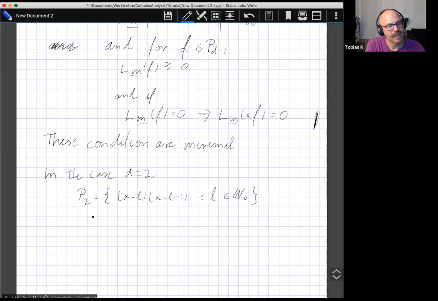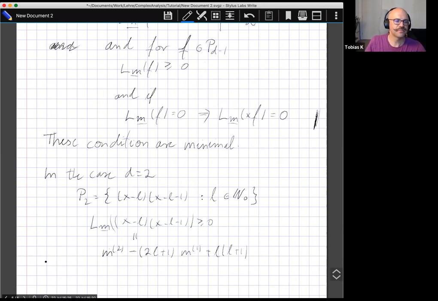And so we get Lm of x minus L times x minus L minus 1 is non-negative. And so if we compute that out, this means M2 minus 2L plus 1 M1 plus L times L plus 1 is non-negative.